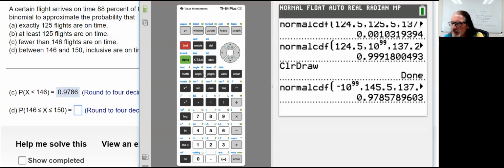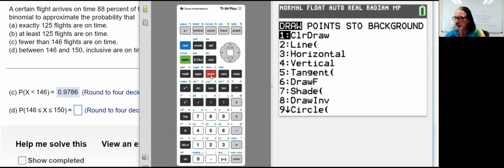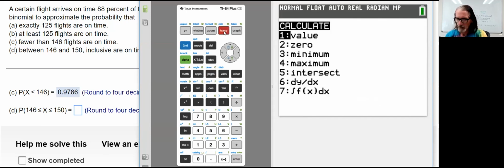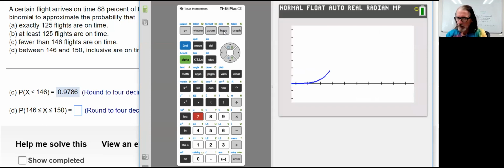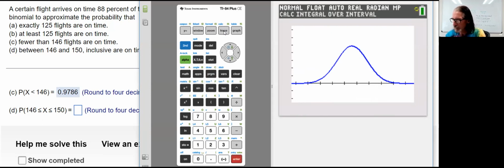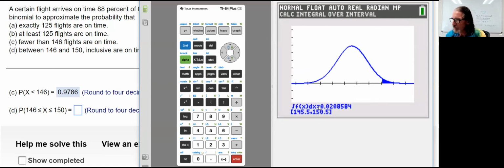So let me clear out the previous drawing. Half a unit left of 146, our lower limit is going to be 145.5, and our upper limit will be 150.5, half a unit right of the right-hand endpoint. And we just get that little sliver. It's going to be around 0.02 something.